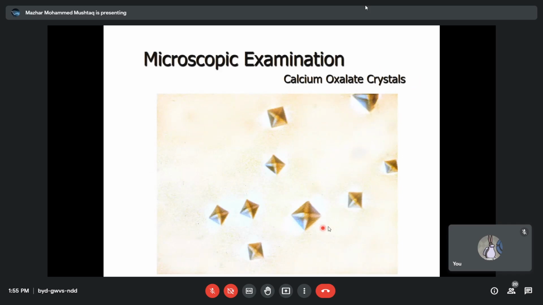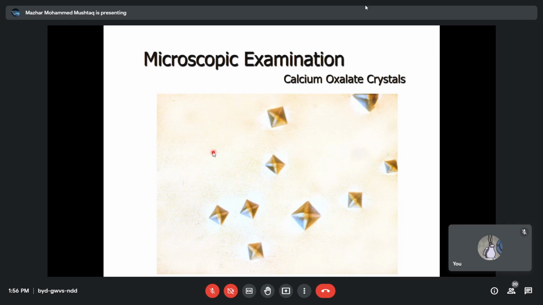So these are the calcium oxalate crystals. When you see them under the microscope, they appear like this. What do they look like to you guys?